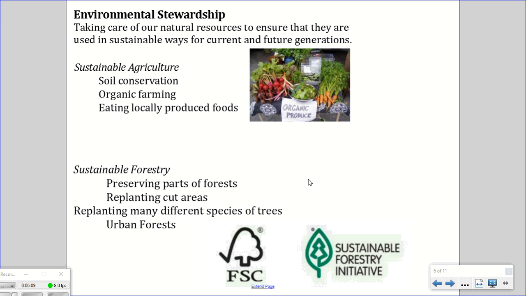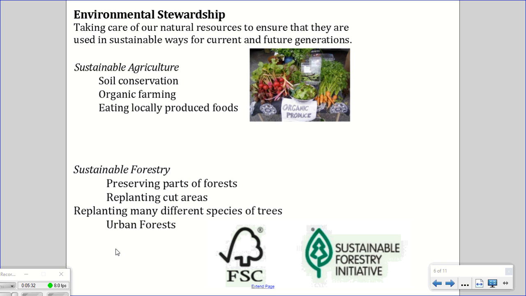Usually, logging companies that will cut down a forest may plant new trees, but these tend to be just one type of tree, typically pine trees, as opposed to other types of trees, which helps decrease biodiversity. And urban forest is another big thing.